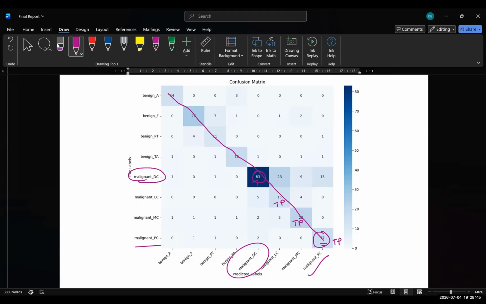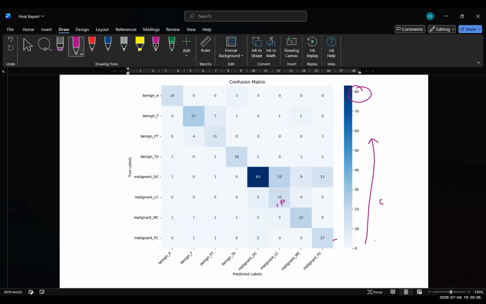So in a confusion matrix, not only are the numbers shown, but visually we can also see with the help of colors. The higher the number, you can set it by yourself. Some go from lighter to darker, some go from blue to red, whatever color combination you want to give, you just have to explain it. If it is 83, a high true positive, you see it's somewhere over here, right?